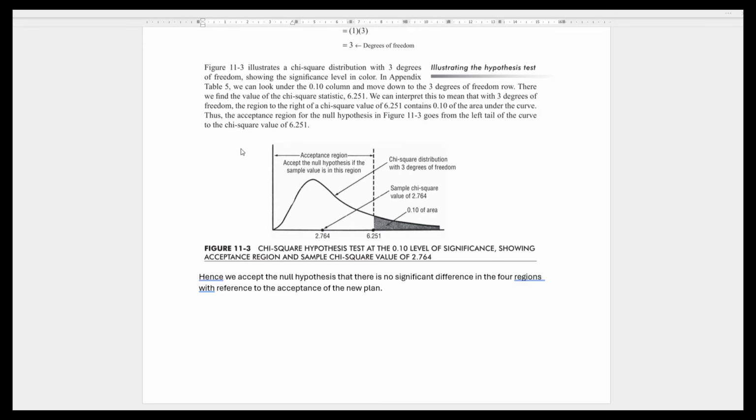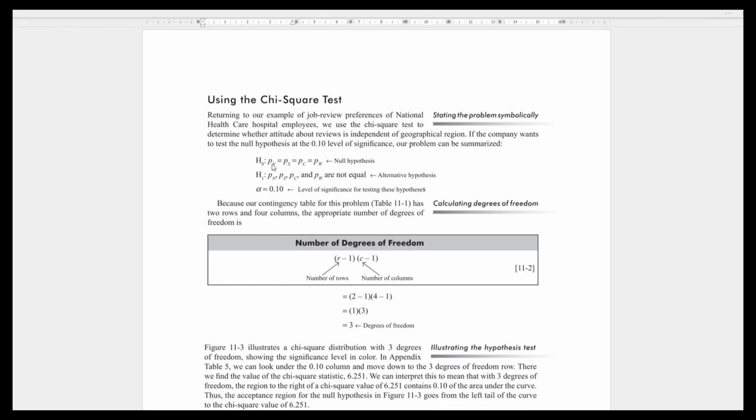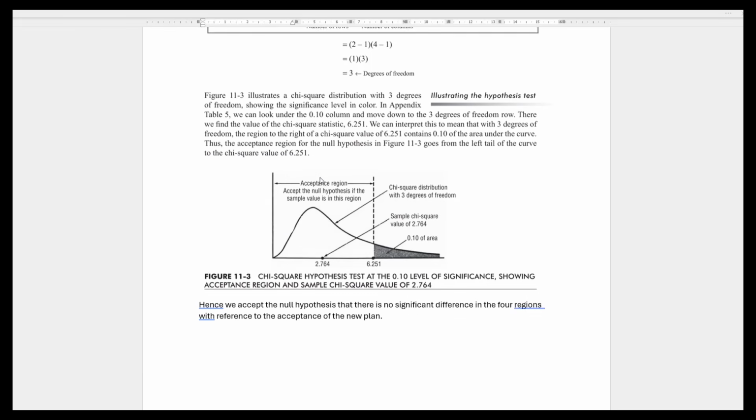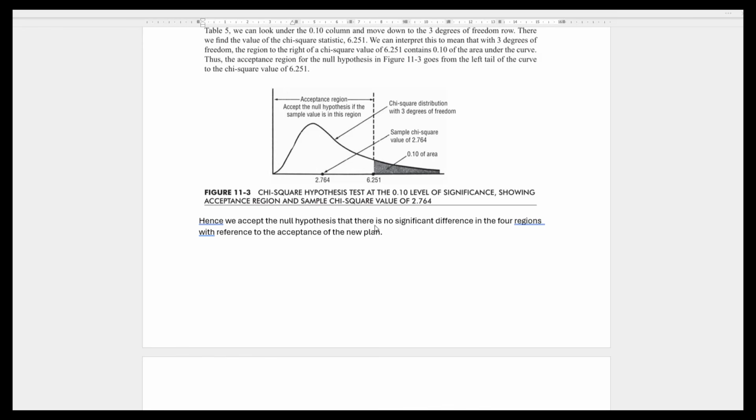Hence we accept the null hypothesis that there is no significant difference in the proportion who prefer the present method. So that is our null hypothesis, that there is no significant difference in the four regions with reference to the preference for the present plan.